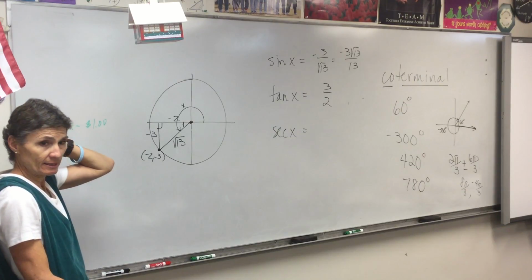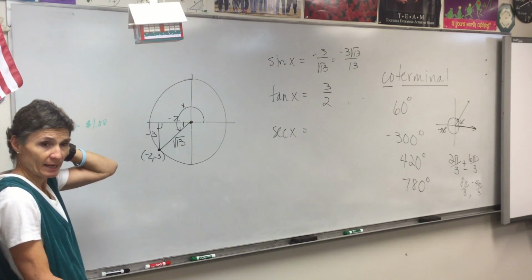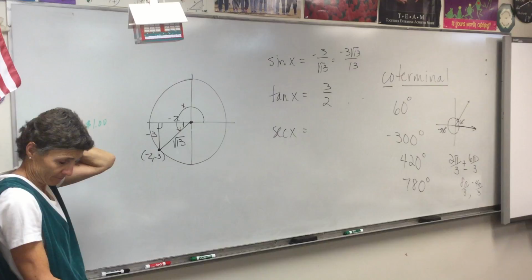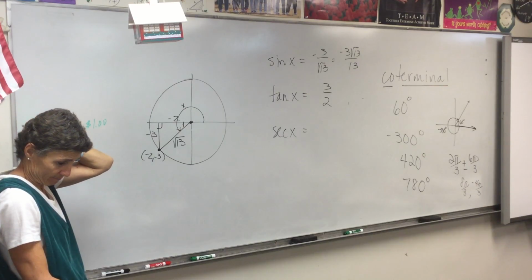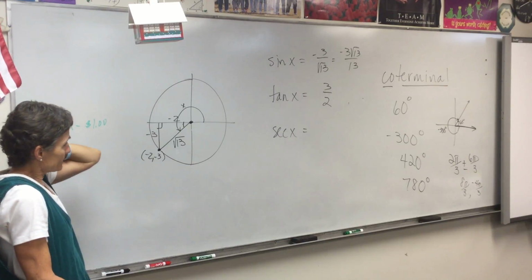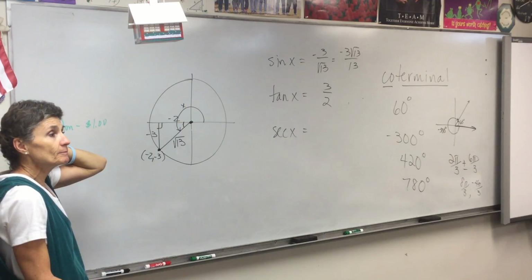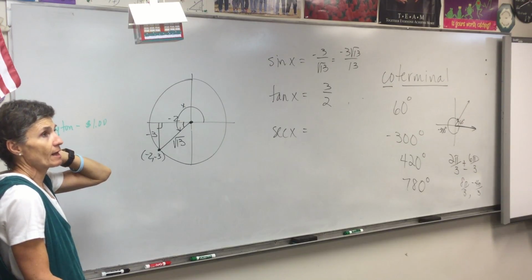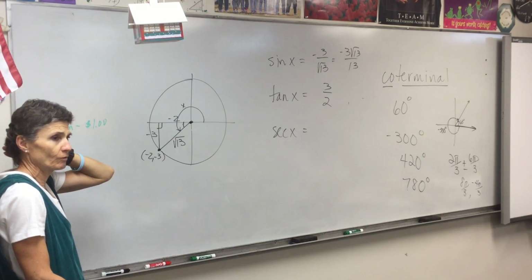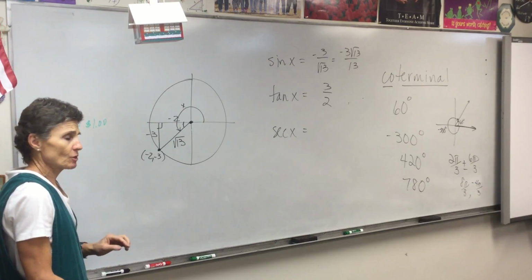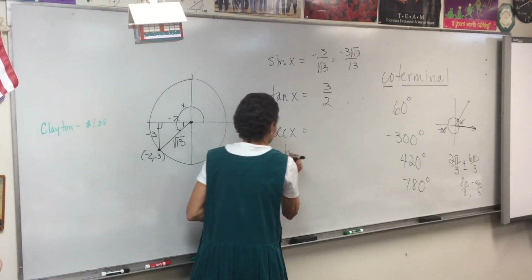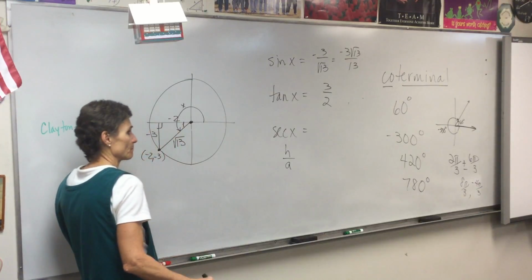Secant. Secant is reciprocal. Patty, are you paying attention to me? Yes. Secant is the reciprocal of cosine. Cosine is adjacent over hypotenuse, so hypotenuse over adjacent. Is that what I need?